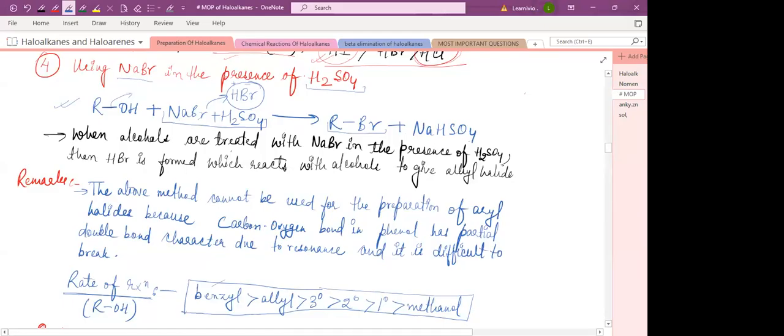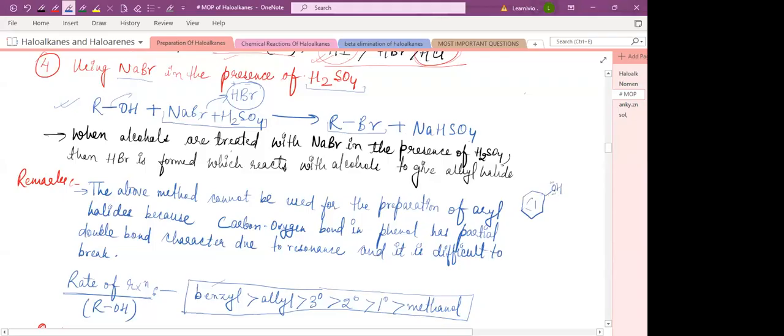And just remember, this above method cannot be used for the preparation of aryl halide. This is only for alkyl halide. Why not for aryl halide? We know that in phenol, between the carbon and oxygen bond, suppose this is your phenol structure, you can see this oxygen has a lone pair.